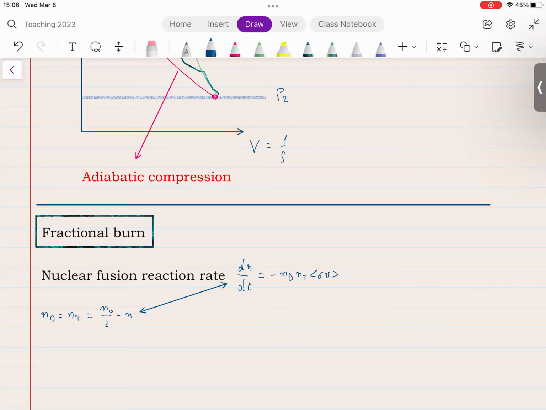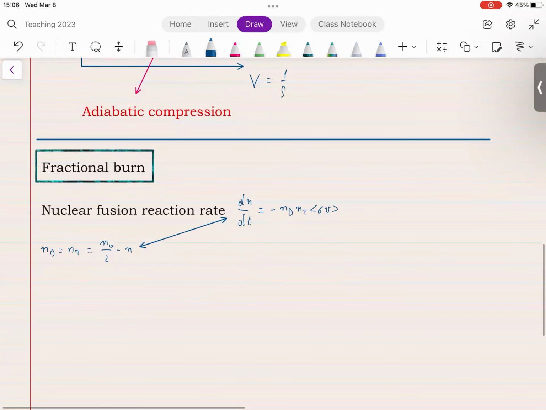And the burn fraction is going to be just the total number of reactions that happen over the experiment, divided by the initial density.